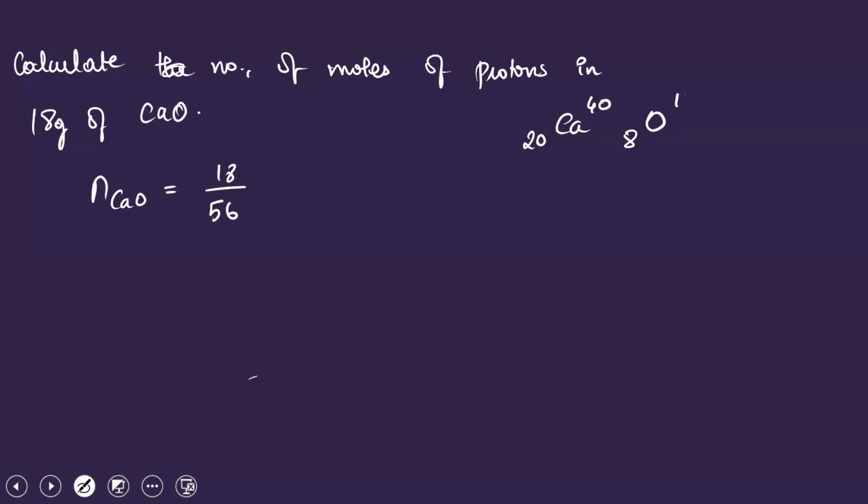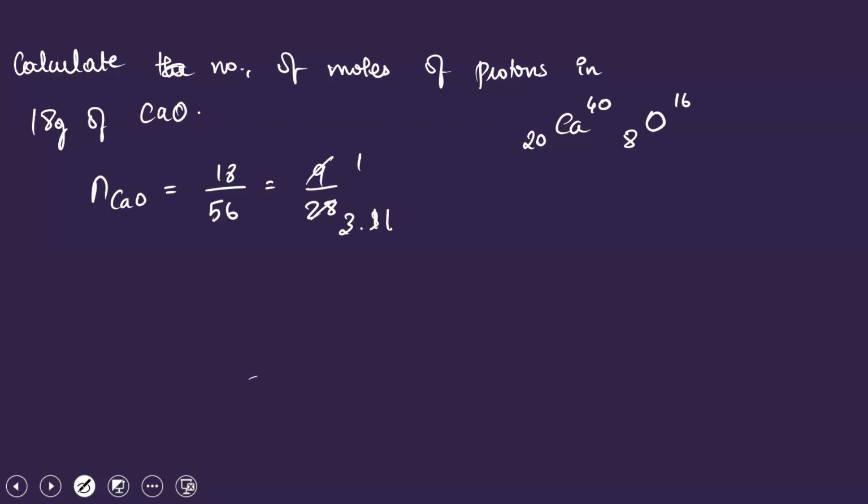The molar mass of calcium is 40 and of oxygen 16. 40 plus 16 is 56 grams. So 18 by 56 is 9 by 28. The number of moles is approximately 1/3. Will it come as 3.33? Correct?